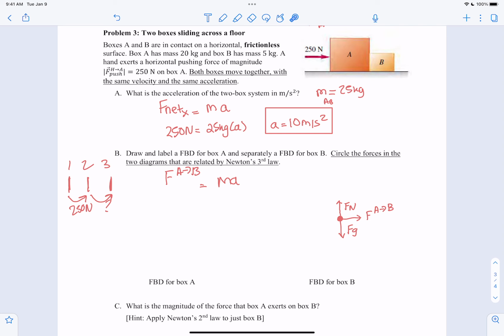Hopefully it does, because I'm just looking at the perspective of box B. What does box B feel? It's only feeling a force from A onto itself. I'm not going to be factoring in what force I exert outwards on another object. So when I'm writing these forces, I just want to look at what forces are acting on me.